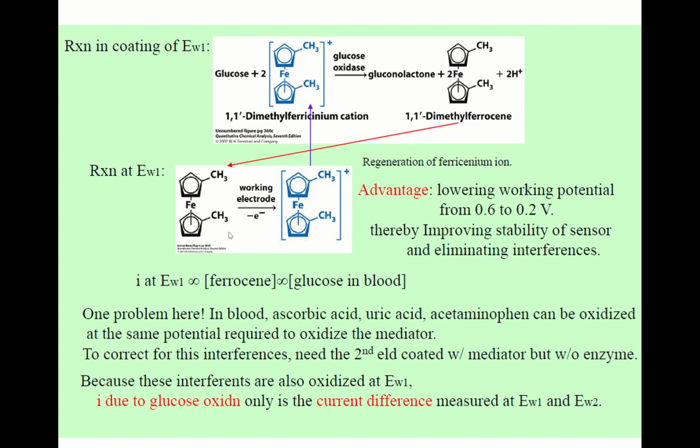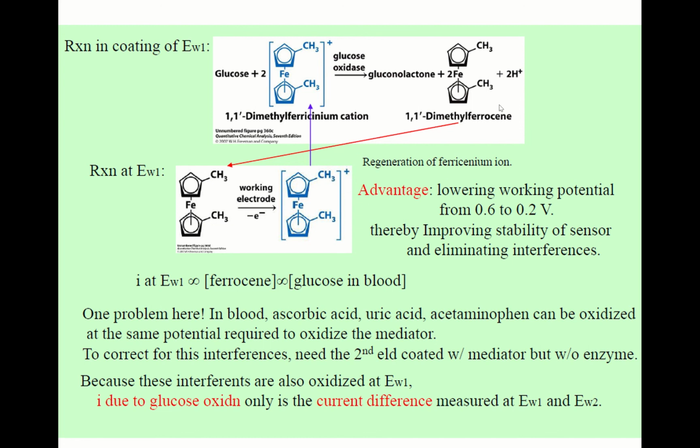Here, if you depend on the oxygen concentration in blood, that is one thing, but in this case you don't need that. Since this ferrocenium ion accepts electrons to become ferrocene, and then ferrocene is oxidized again to ferrocenium ion, there is a cycle.